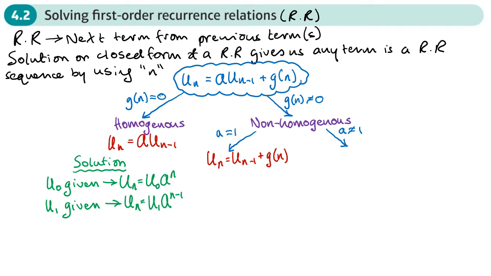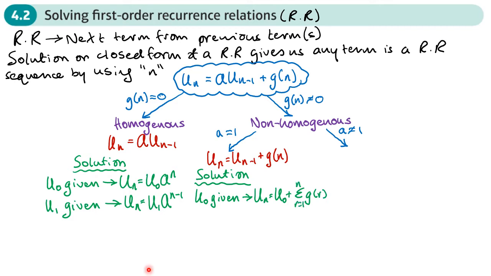The solution for this type will again depend on whether u0 or u1 is given. If u0 is given, then the solution is going to be un equals u0 plus the sum of g of r from r equals 1 to n.